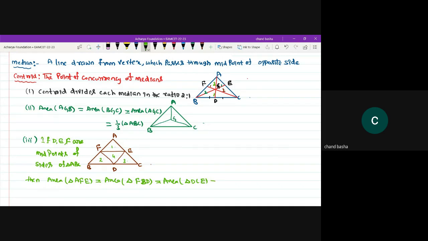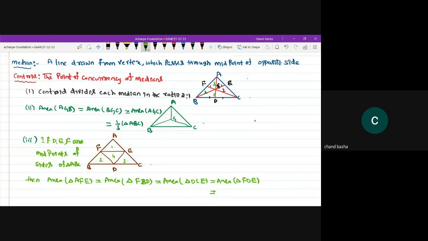Next, area of the triangle AFE, next one FDB, next one EDC, and the middle part, the fourth one, triangle FDE. This is equal to 1/4 of the triangle ABC.